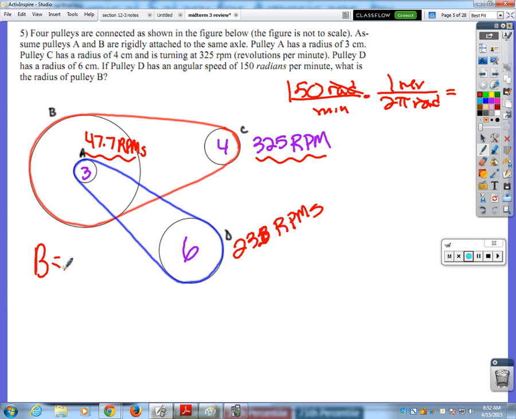It would be the inverse proportion, so you go this over this equals this over this. So 325 equals, then you have to flip them so that this is the inverse relationship. So it's B over 27. So what do you get from that?